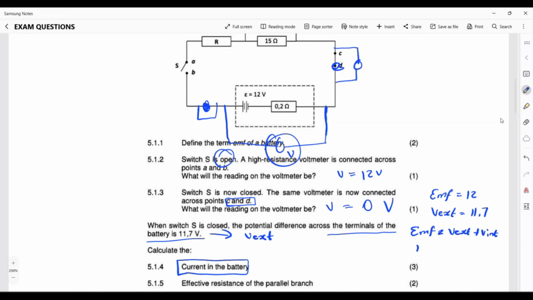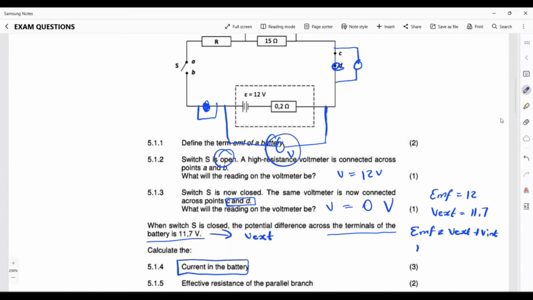That's how I would be sure it's the internal voltage, because the value it decreased by is the value taken by the internal resistance. So just be smart and make sure you understand the English they're using when it comes to the voltages.